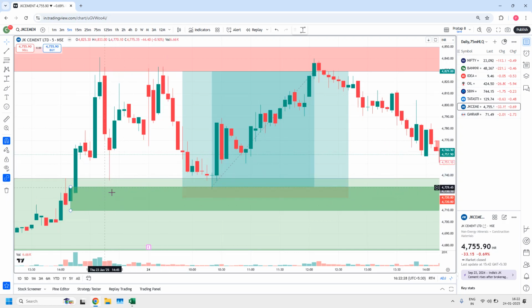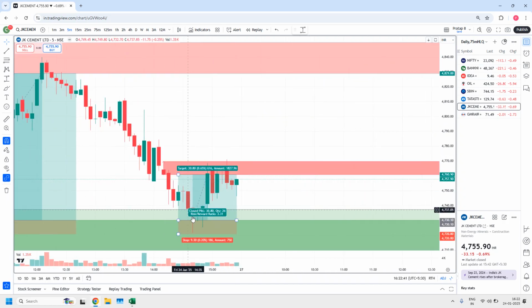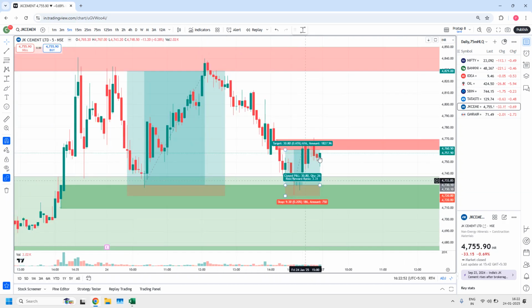That means in this area there is a strong institutional order flow. See, today prices entered and moved up. Once again, prices entered and again moved up. The last 45 minutes before market closes, say the last 1 hour of our trading session.